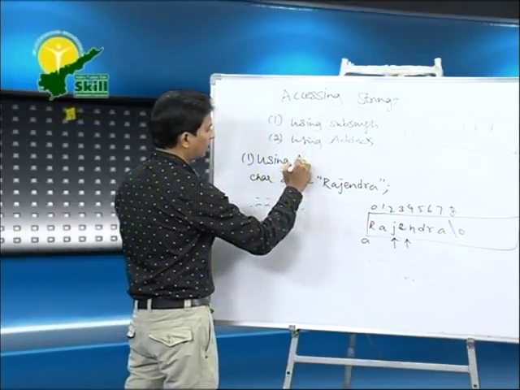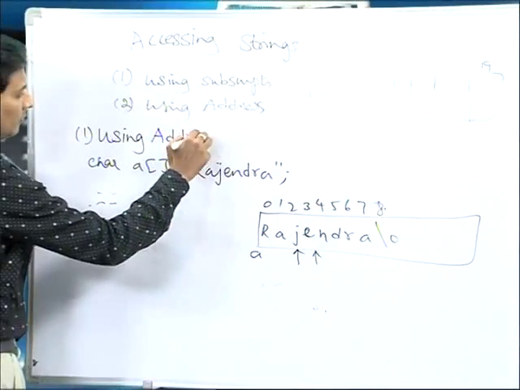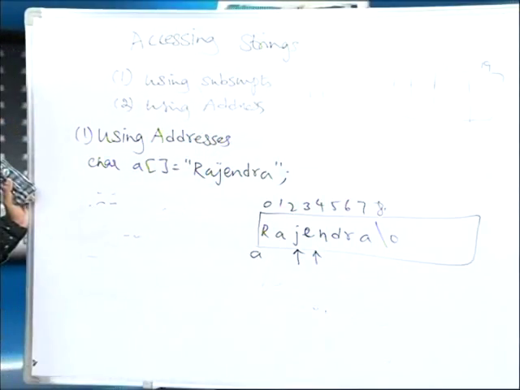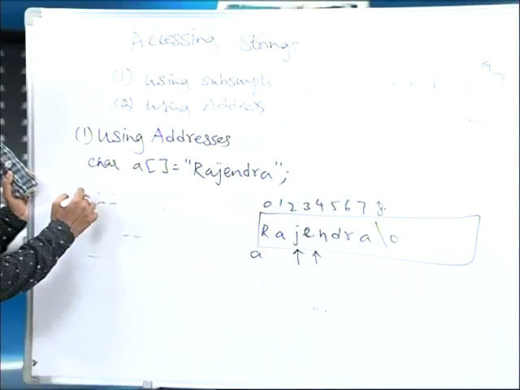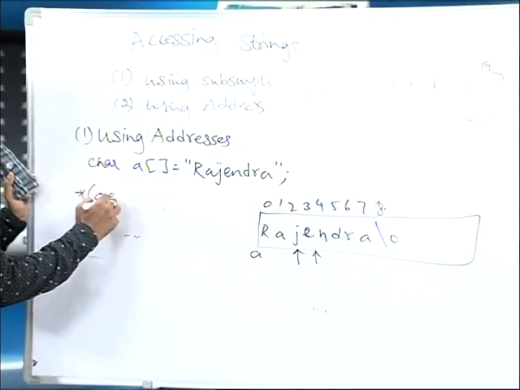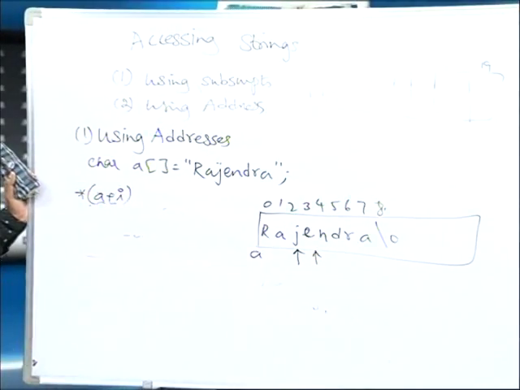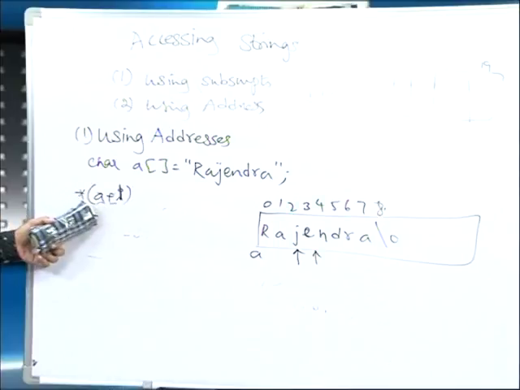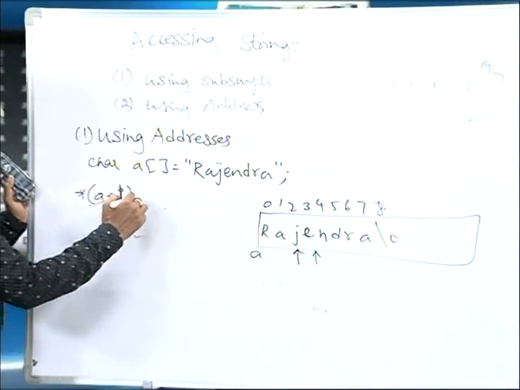Second, we go for using the addresses. Star plus A plus I, or A plus 1. The meaning of this is the character at address A plus 1.